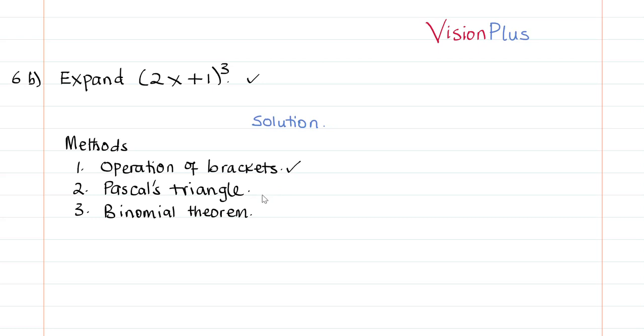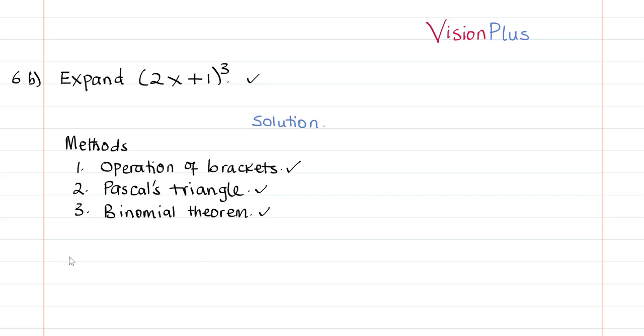Method 2 is Pascal's triangle, also called the addition triangle. Method 3 is the binomial theorem, which is under binomial expansion.